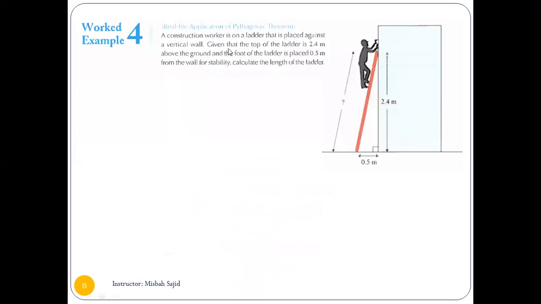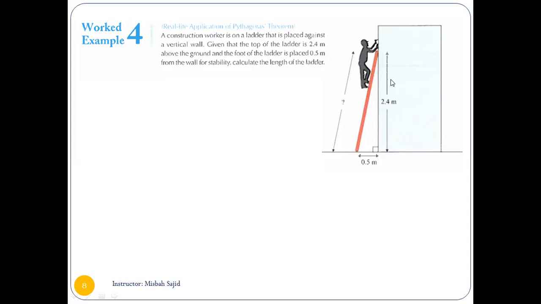A construction worker is on a ladder that is placed against a vertical wall. This is a wall, and this is a construction worker on the ladder, and this red ladder is just placed against the vertical wall.